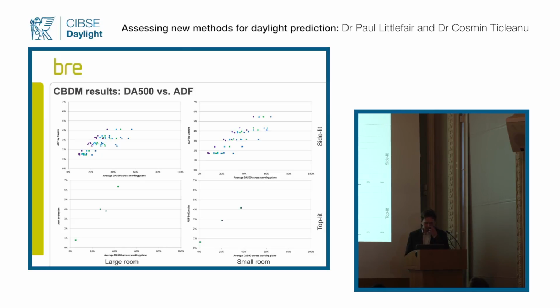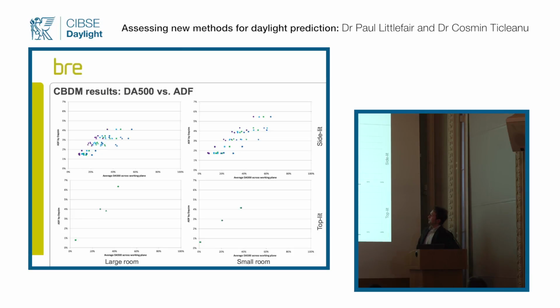Right, so these graphs, again, DA 500 against ADF, and it can be seen that all these dots here represent all the scenarios with different obstructions, different facade orientations, so there are many points there.